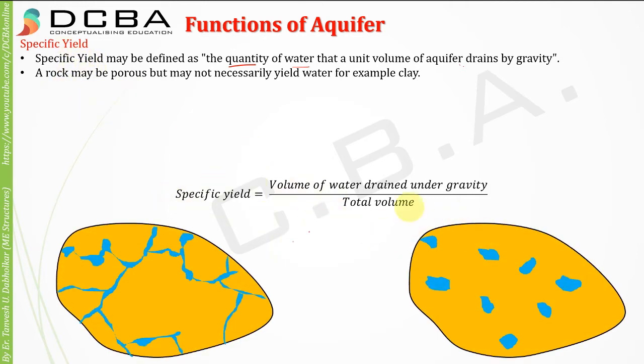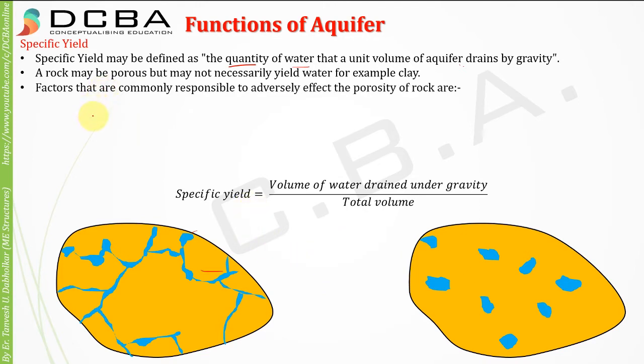And the example is you can see in these two cases. In the first scenario, all the interstices are connected to each other, so it is easier to take the water out. And in the second one, since the pores are not connected, it is not easier to extract water from such rocks.